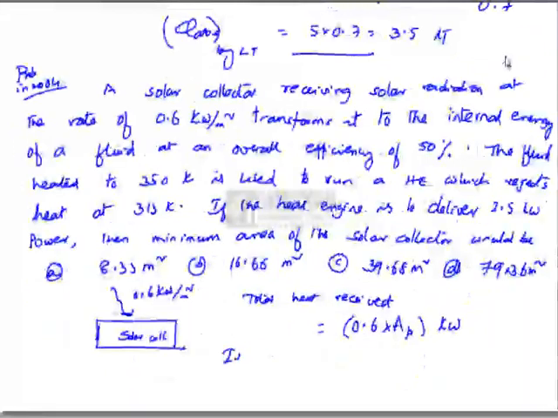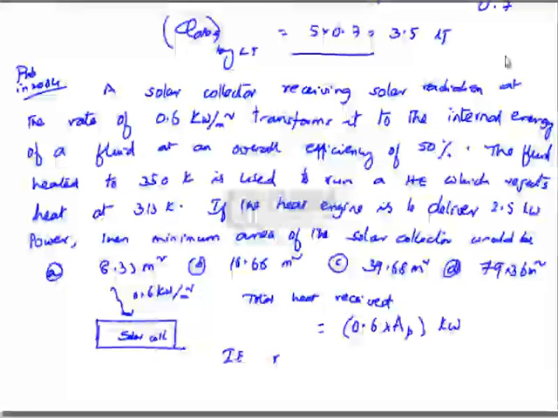The internal energy of fluid increased is equal to 0.6 into AP, that is the total energy received, into half, that is transformation efficiency. This is the internal energy of the fluid increased, because of which the fluid temperature is increasing to 350 Kelvin.